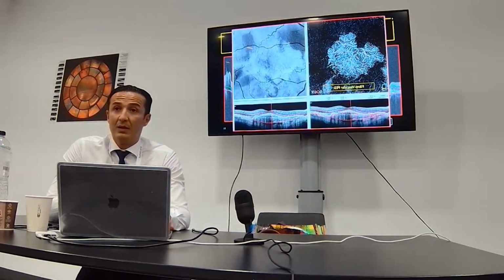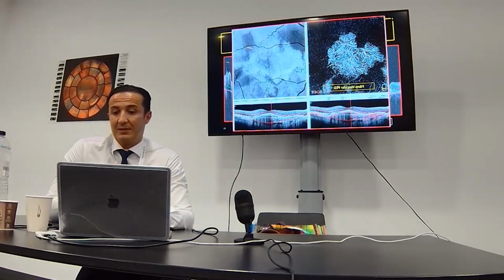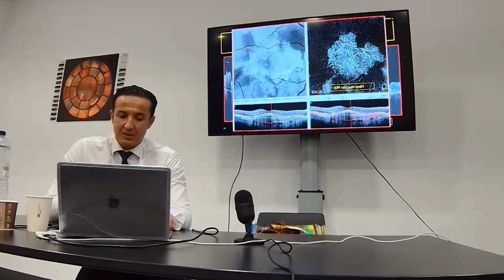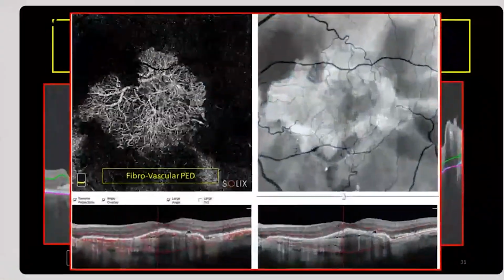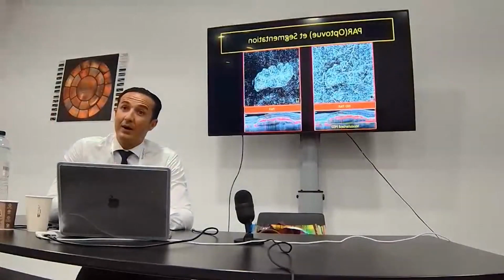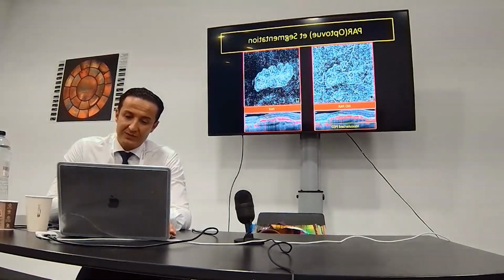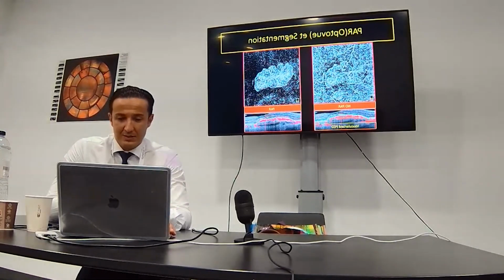And look here, automatic segmentation with no manipulation. You can highlight the presence of the CNV in OCT angiography, in this case of vascular PED. In another case, with PAR associated with improved segmentation, look at the good visualization of the CNV.